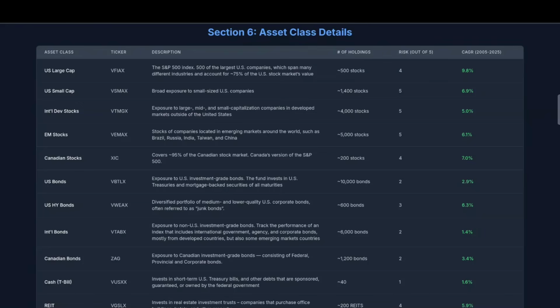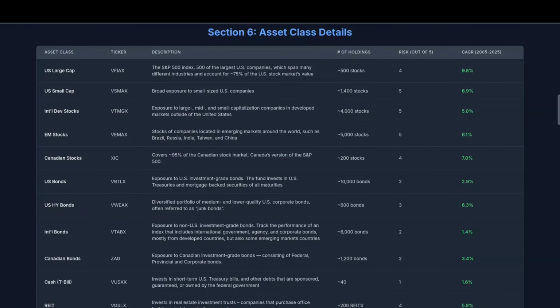If we look at international developed stocks, exposure to large, mid, small capitalized companies in developed markets outside of the United States, again, we're talking about 4,000 stocks here, so a huge amount. We've got a CAGR of 5%, which again is really good for a risk factor of 5.